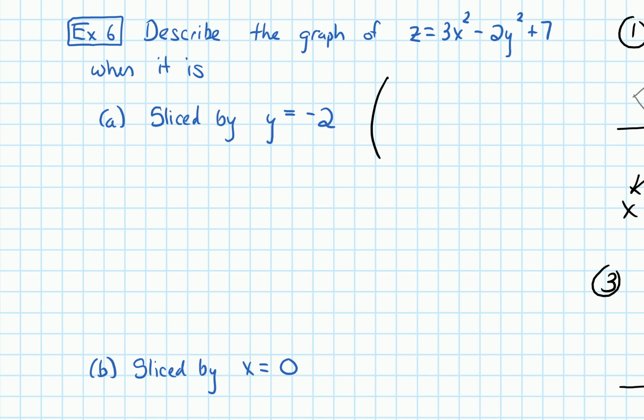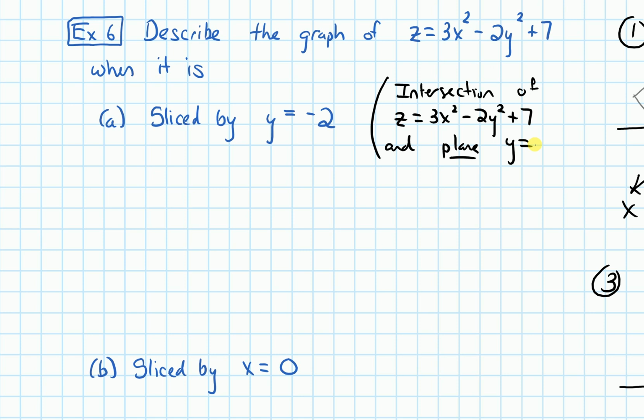When you have a 3D shape and you're slicing it by some region, in this case y equals -2 is a plane, it wants us to find the intersection of that shape, z equals 3x squared minus 2y squared plus 7, and what it's getting sliced by, which is a plane, the plane y equals -2.